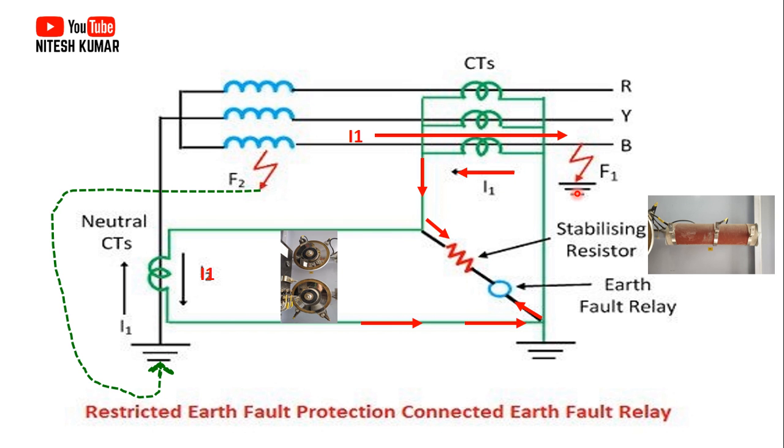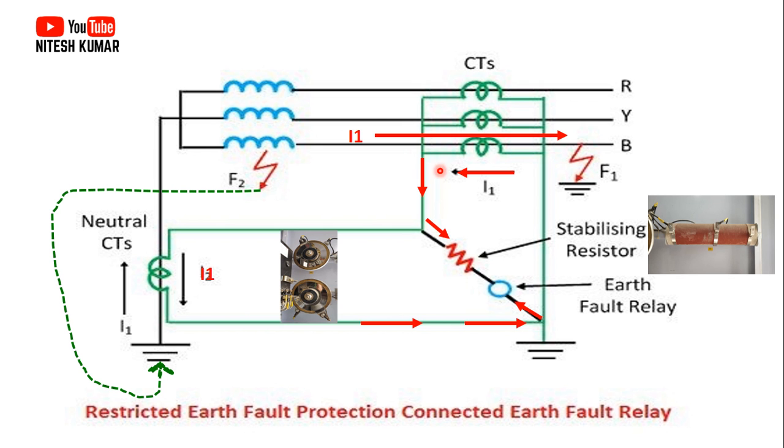In that condition, this fault current will come to the ground and then go into the neutral, making a closed path, trying to make a balanced system. Then the secondary current of this neutral CT will be flowing like this, and this will take it this way.